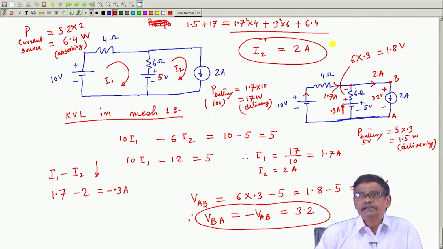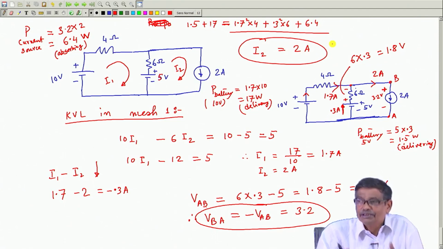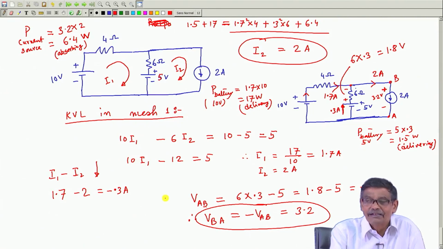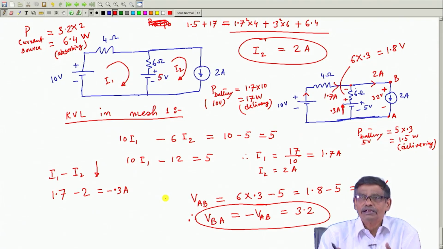But if you are lucky that in one of the outer loops there is a current source, then you have to solve fewer equations, because that mesh current is known, that you must understand. Therefore, in a network, if you notice that okay, the number of meshes I have identified is 5, but in 2 of the outer meshes there are 2 current sources present. Therefore, you have to write down only 3 equations, because those mesh currents are known.